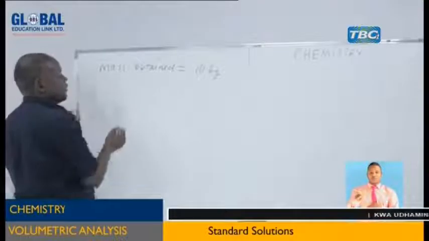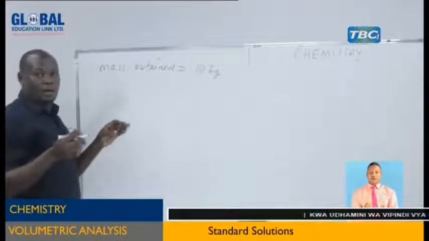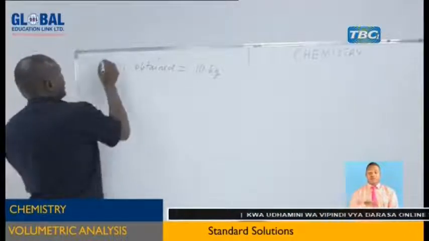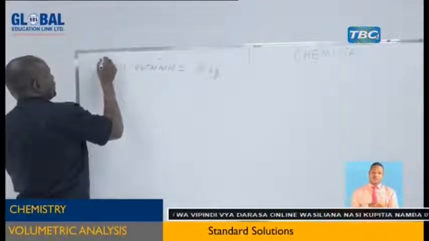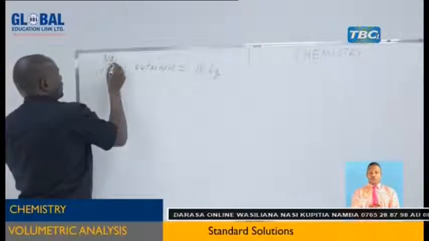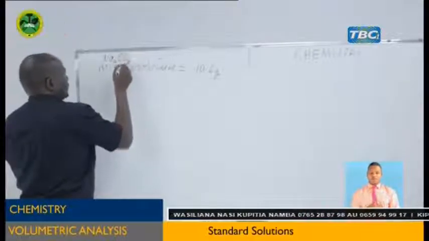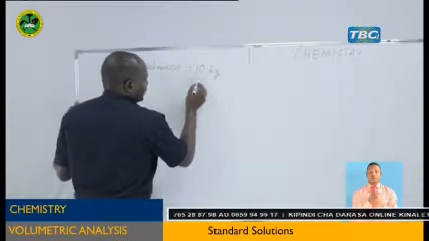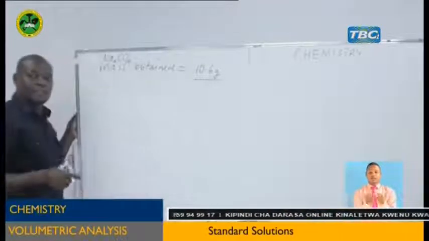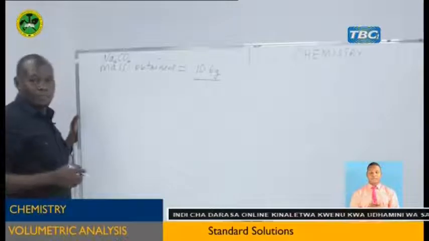And let us consider that our primary reagent, or primary standard, is sodium carbonate, and you have obtained the mass to be measured as this one. So we are preparing the standard solution of sodium carbonate.